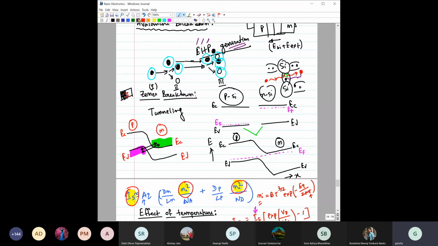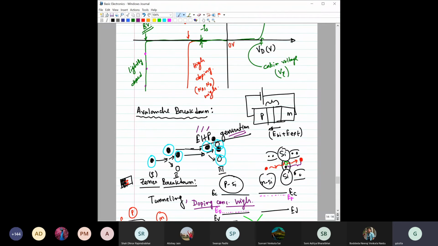The other thing is that for a Zener diode, the doping concentration has to be quite high. We have already discussed that when you make the doping concentration very high, the breakdown voltage is reduced.